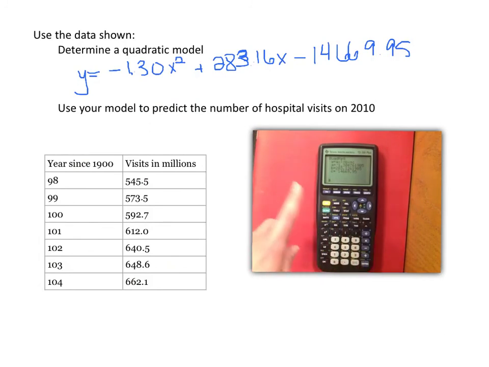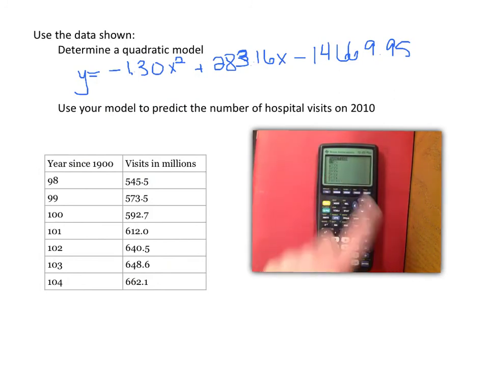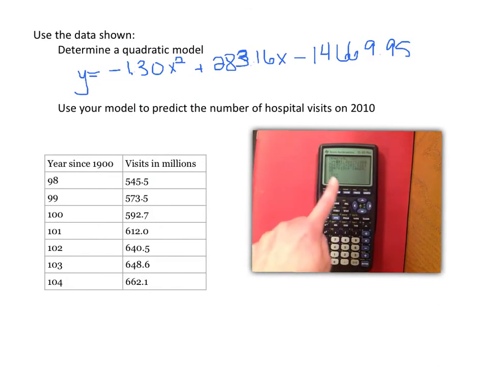I'm going to go back to Stat, go back to Calc, number 5. If you put in L1, comma, L2, you can go to Vars, over to Y-Vars, number 1 function, select y1, and if I had done that correctly and put a comma there, this will show up in my y equals.